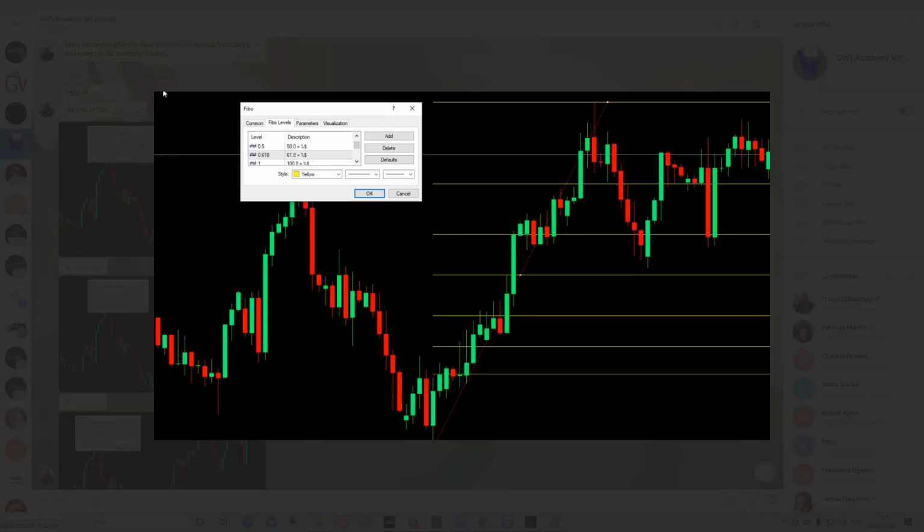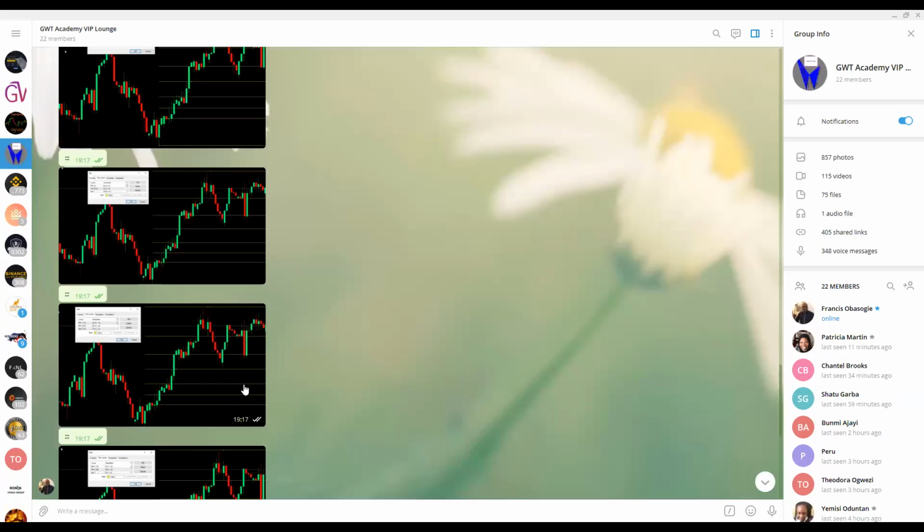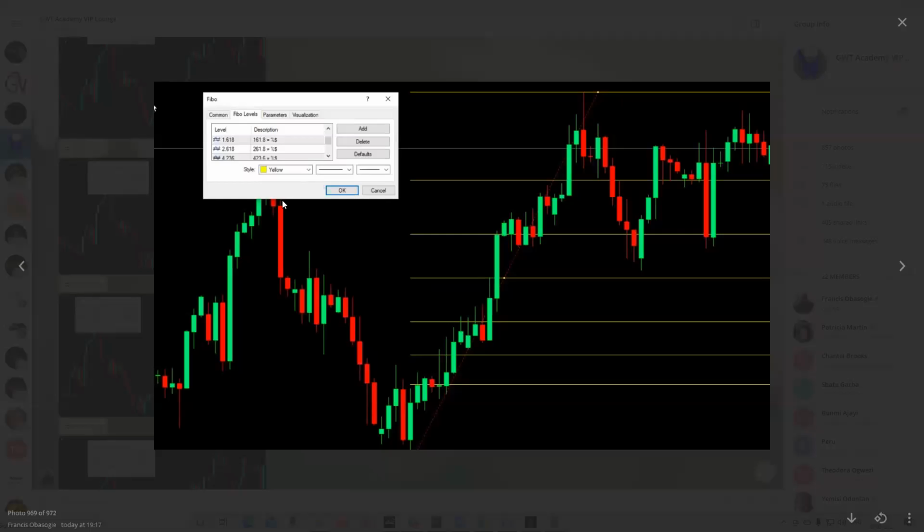But like we've seen lately, we do have the others, the negative Fibonacci and the positive Fibonacci. Negative, meaning they are minuses, they are below 0. And the positive ones are above 100.